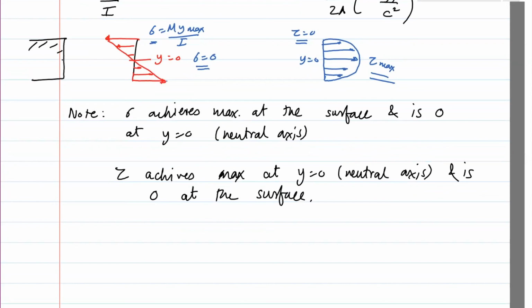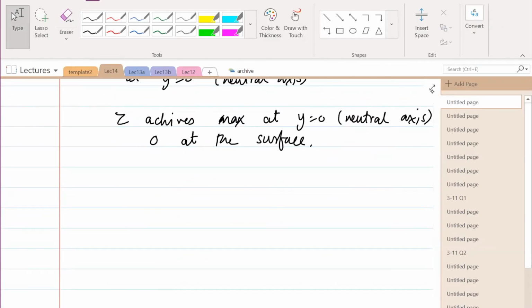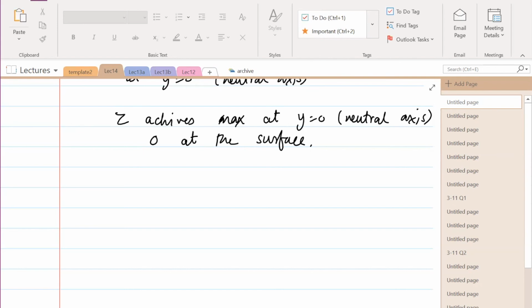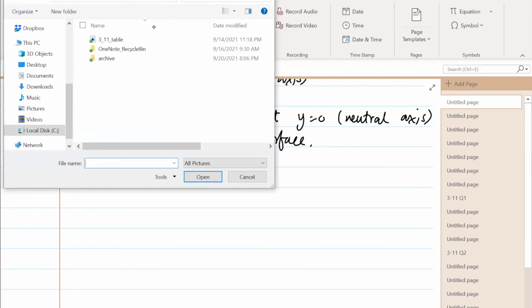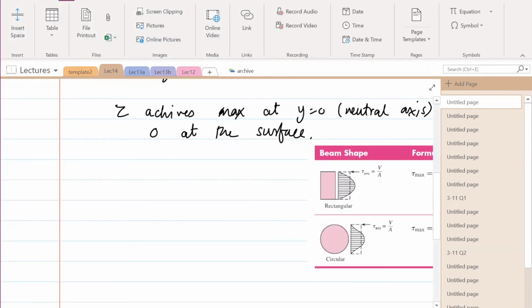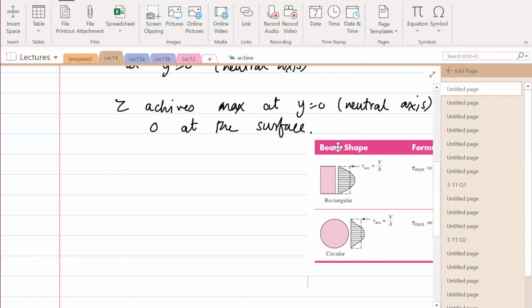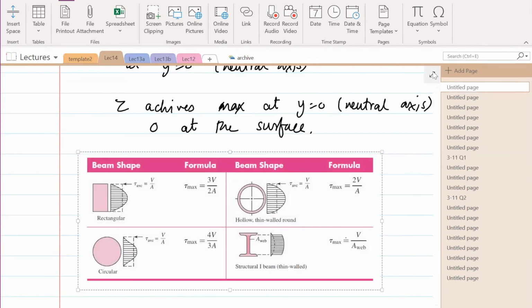Now, there is a table in the book on shear stresses for different geometries. I'll just put it here. Okay, it's taken straight from the book.